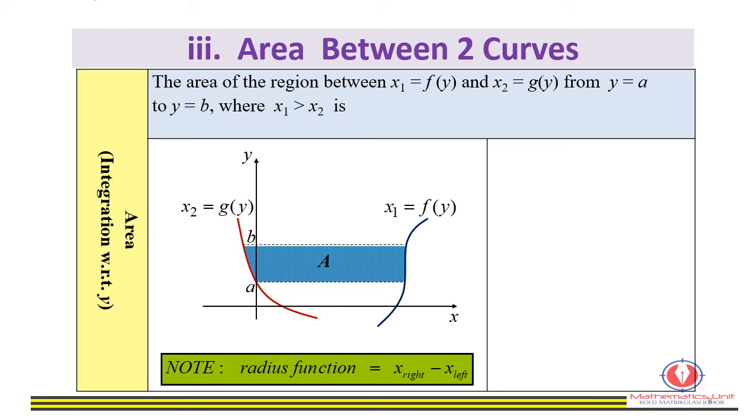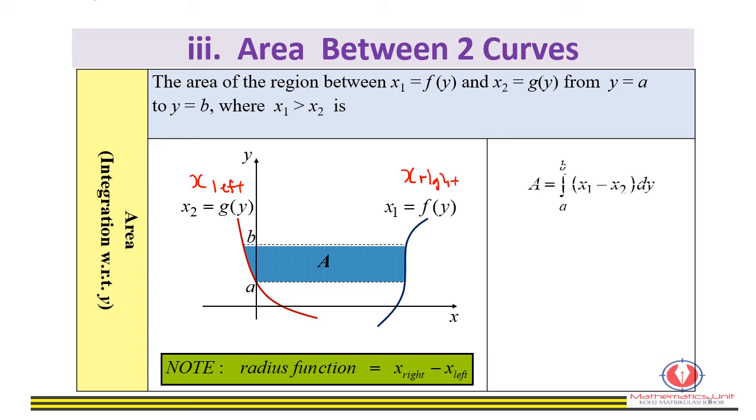On the other hand, to find the area of the region between the curves x1 equal to function f(y) and x2 equal to function g(y) from y equal to a to y equal to b, where x1 is greater than x2, to find the radius for these cases, x1 now is the x right and x2 is the x left.